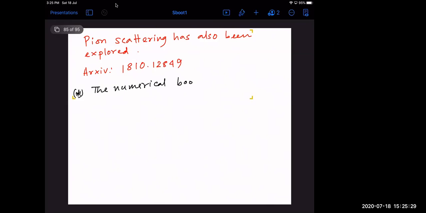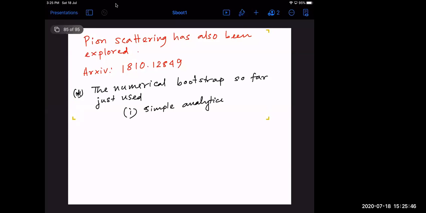The bootstrap so far has just used very simple analyticity properties and unitarity in the simplest possible form.